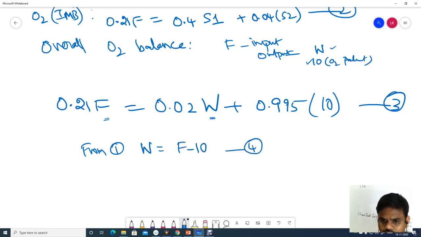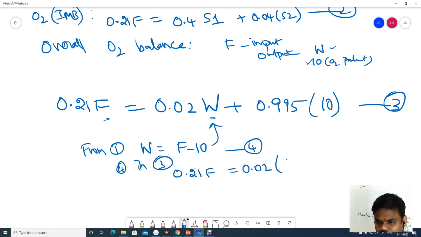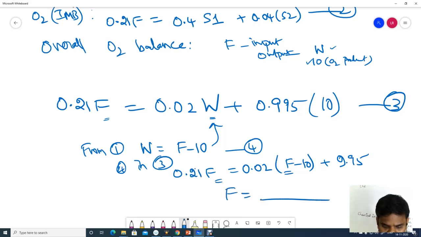Substituting this as equation 4 in 3, for W we can substitute here, and you will get the value of F. 0.21 into F is equal to 0.02 into F minus 10 plus 0.995 into 10, which is 9.95. Simplifying and solving for F, we get the value of F in moles per second.